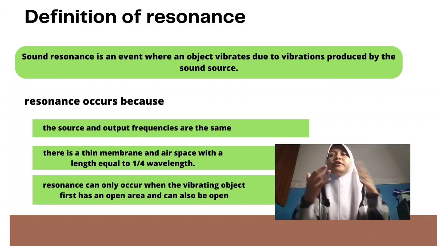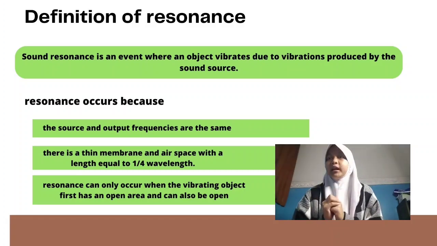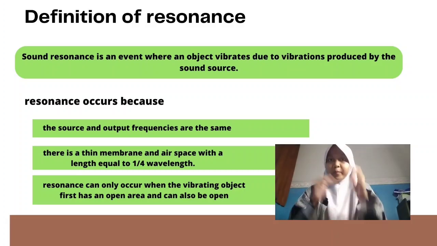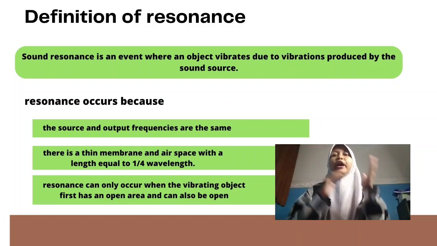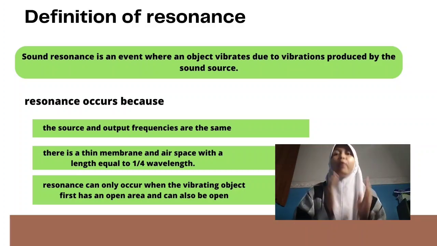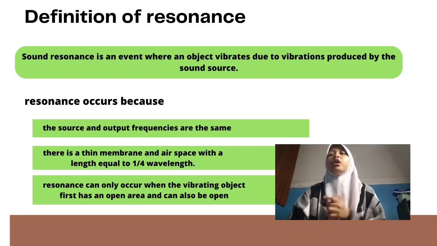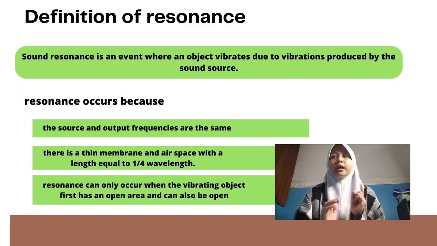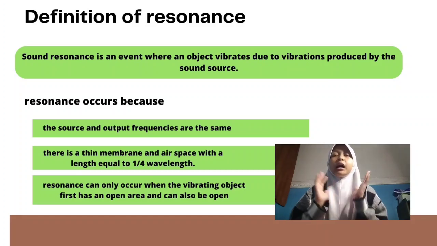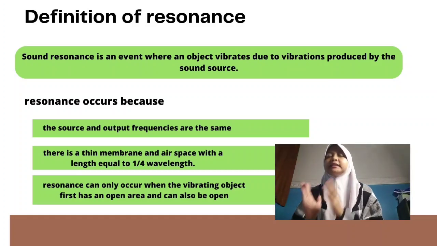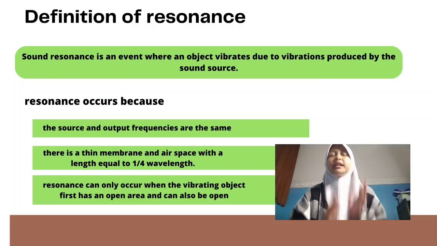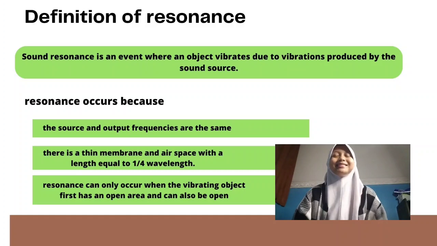Second, there is a thin membrane and airspace with a length equal to a quarter wavelength. Third, resonance can only occur when the vibrating object first has an open end and can also be open.